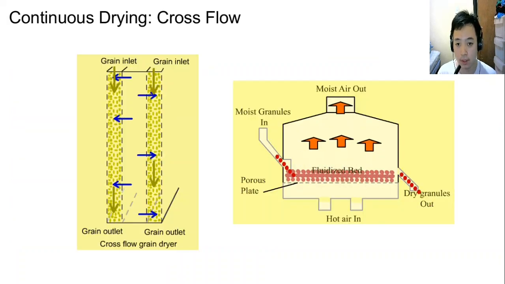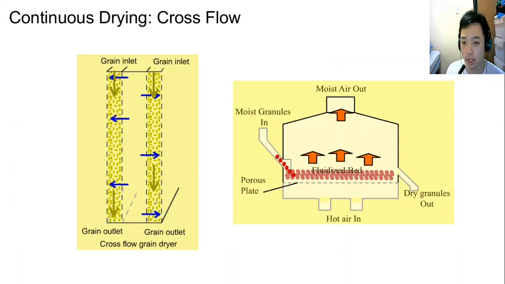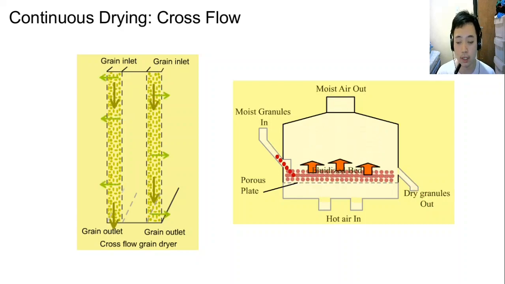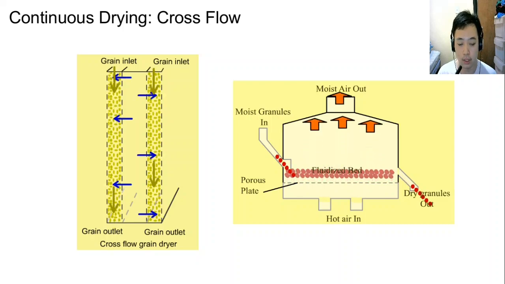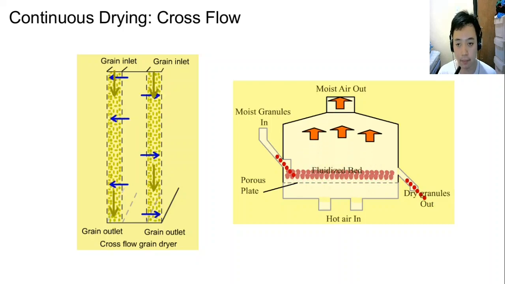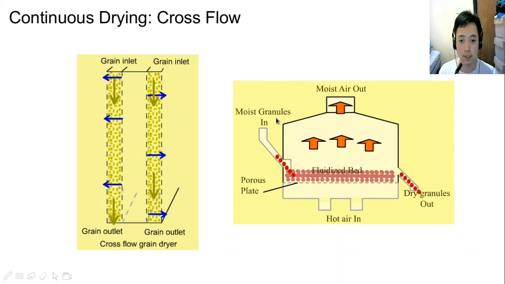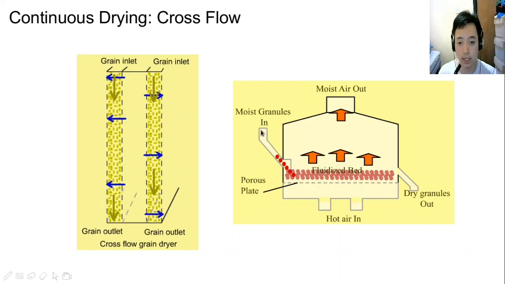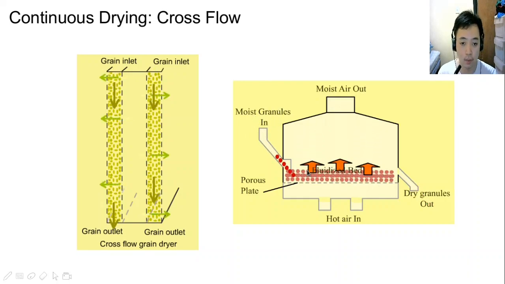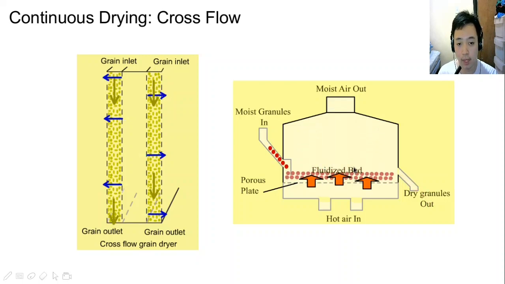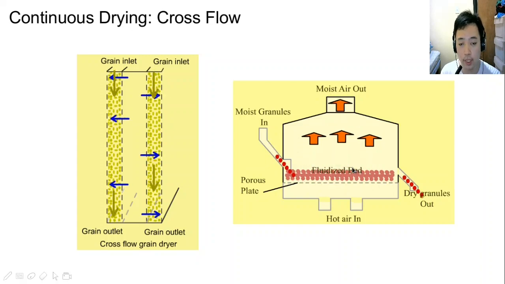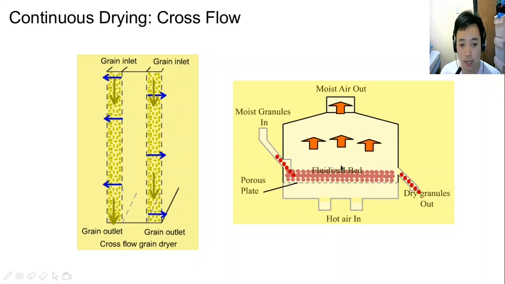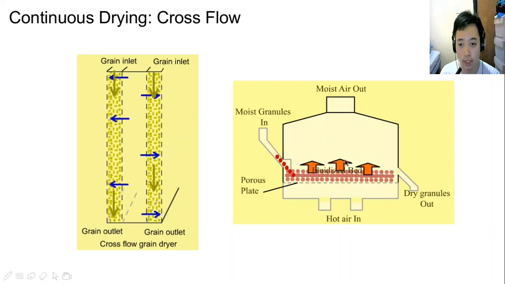Now, cross flow means that the direction of the products to be dried is perpendicular to the direction of the hot air. So as you can see here, the granules or the products that need to be dried go to this fluidized bed. Now, it's called fluidized bed because wet products act like fluid when they interact with hot air.